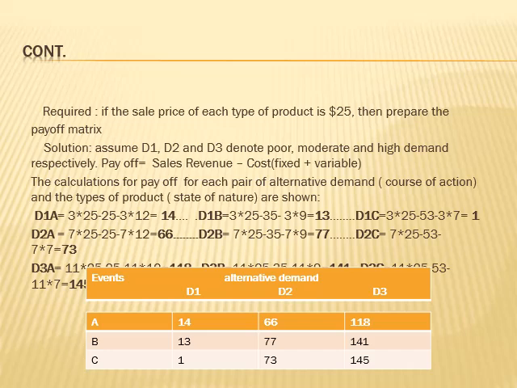So the poor demand of product A is 3 times 25. 3 is quantity, 25 is price, negative 25, it is fixed cost, negative 3, it is a quantity, times 12. 3 times 12 is a variable cost. The result is 15.